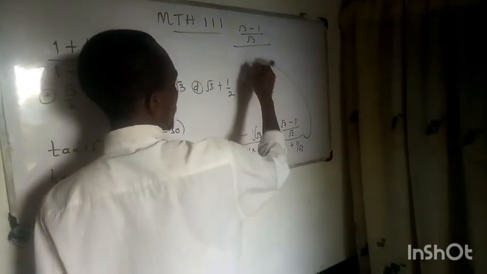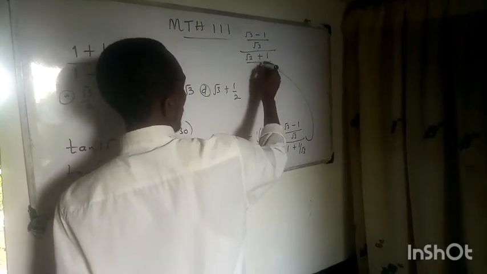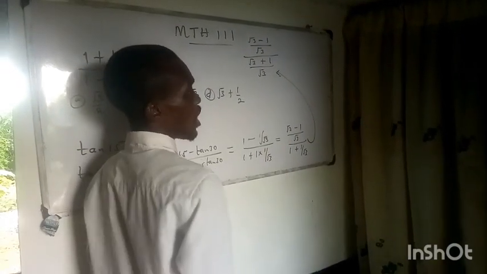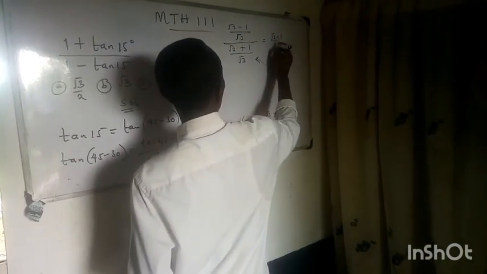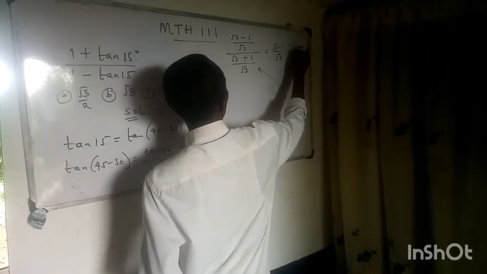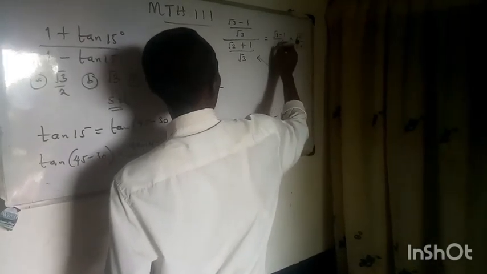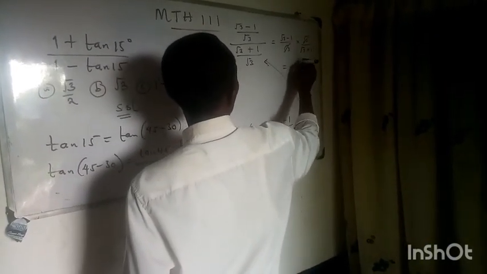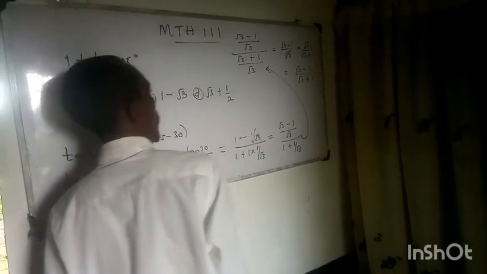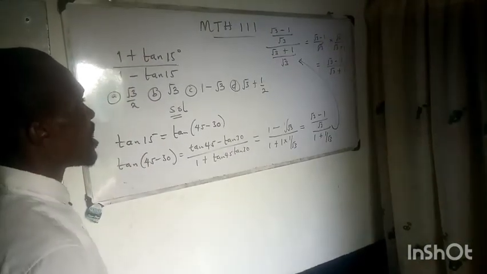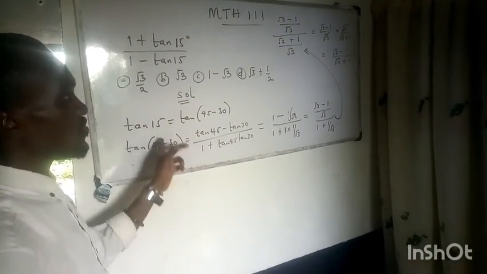Then this one down, when I simplify it, I have root 3 plus 1 over root 3, which can be written as root 3 minus 1 over root 3 times root 3 over root 3 plus 1. So this cancels this. We have root 3 minus 1 over root 3 plus 1. So that becomes our expression for tan 15.